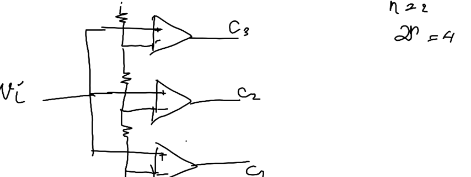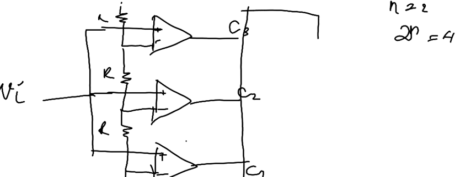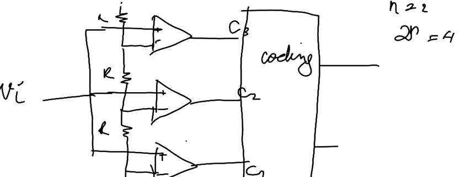This is the reference voltage plus V volt. Each resistor is R. The outputs of the comparators are given to a coding circuit, and the output of the coding circuit is the bits B1 and B2. This is the circuit diagram of a 2-bit flash type ADC.